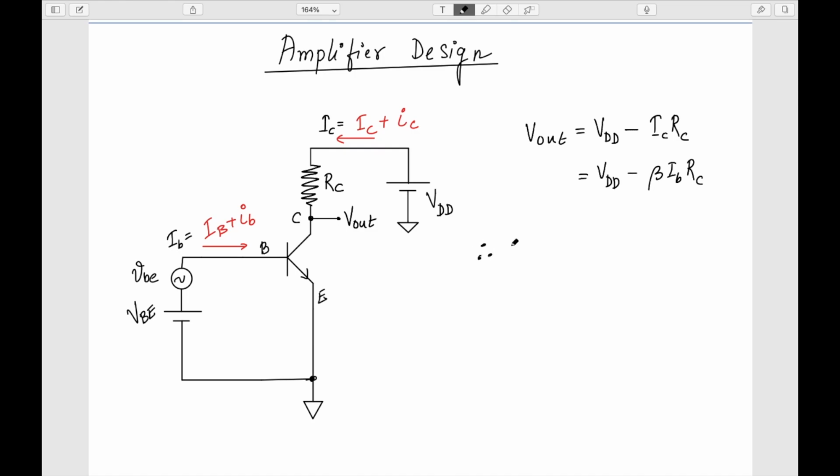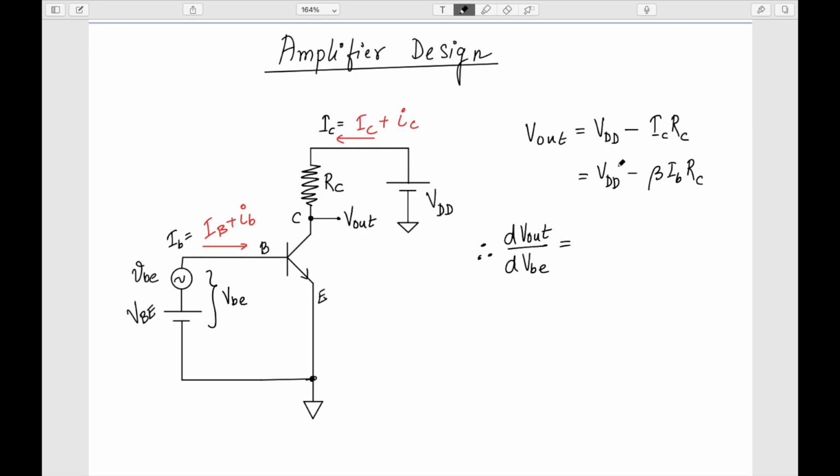Therefore dV out by dVBE, so this VBE is basically this voltage, okay? So change in this V out by change in this overall voltage is equal to, now if I differentiate this V out with respect to VBE, this VDD is constant. We are using a constant supply voltage.